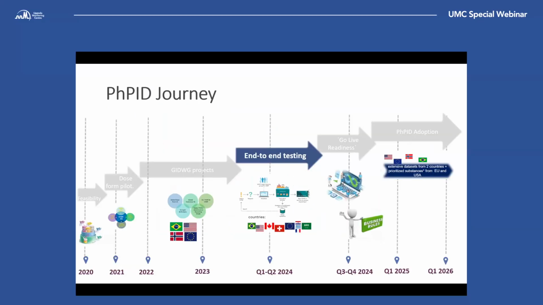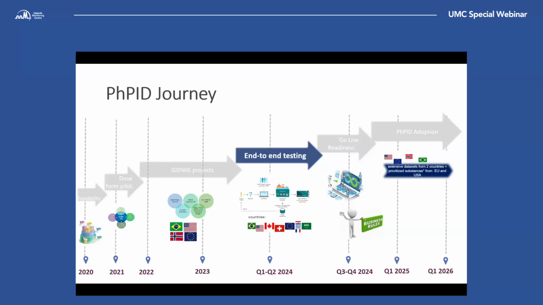Yes, and just a few words on our journey, the PhPID journey. We started back in 2020 with the feasibility study, where we assessed whether the global approach to pharmaceutical product ID could work in practice at all.